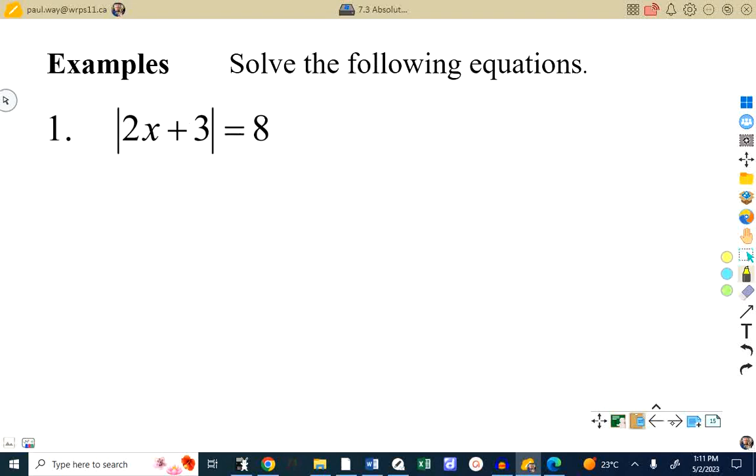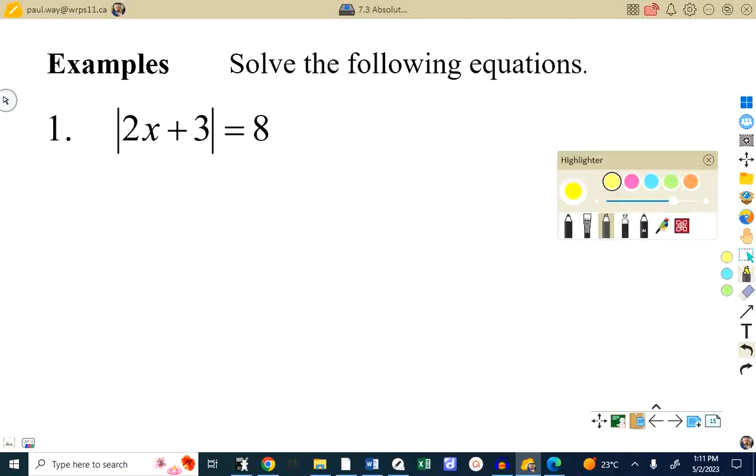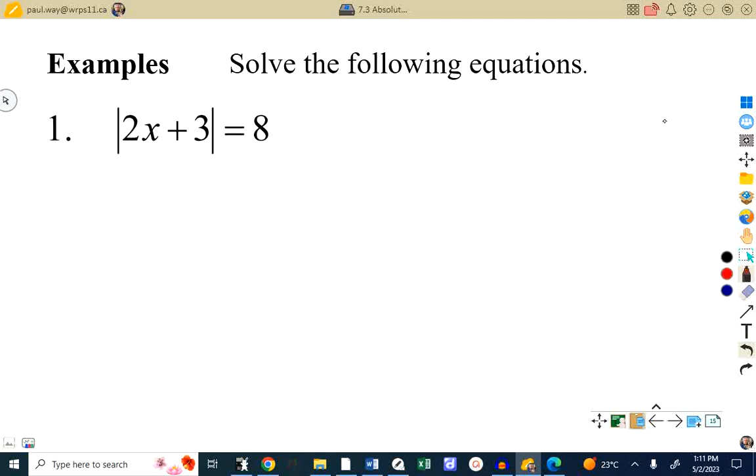What is the solution to this equation? Well, would you agree that potentially speaking, this is the equation that we would want to solve if the absolute value signs were not needed? Okay?